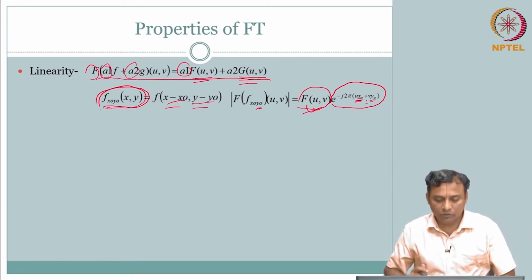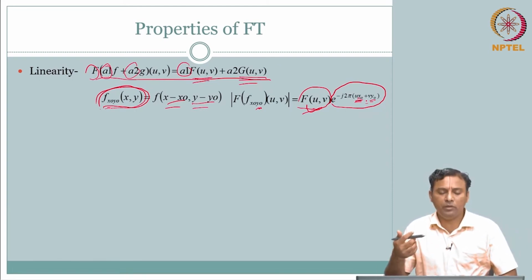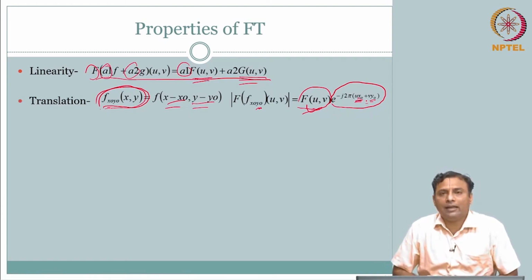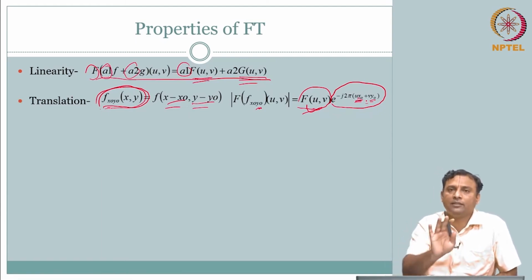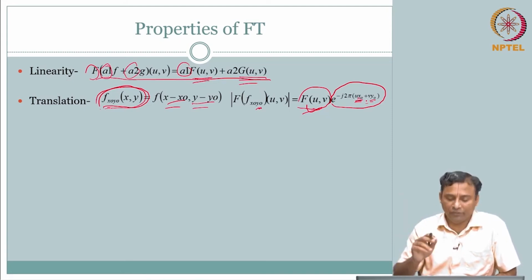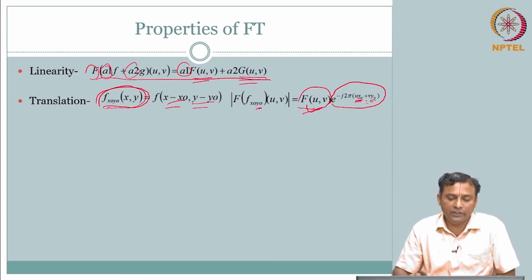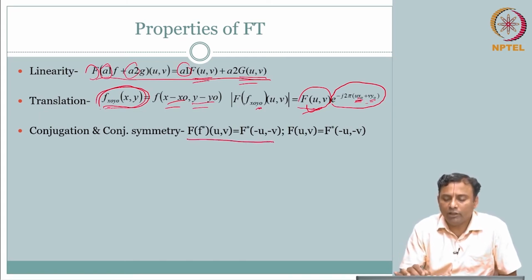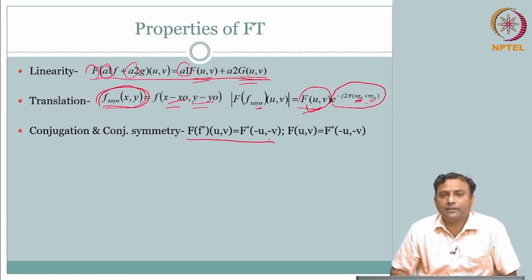So nothing much to that. These will be very helpful in playing with this. So this is your translation property: if you translate in space, it will have a phase shift, and the magnitude will not change in the Fourier domain. Okay, then the properties of conjugation and conjugate symmetry.